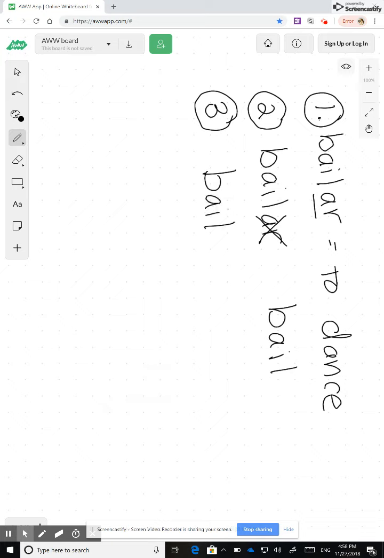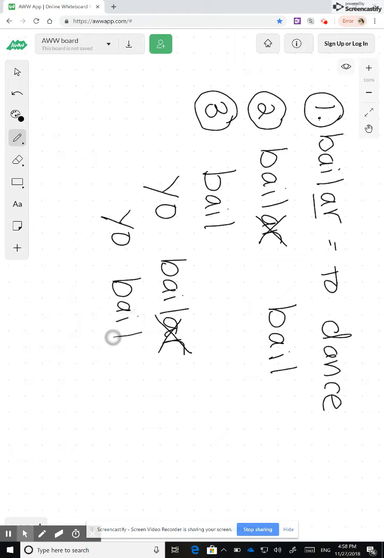And this is when we're going to add an ending depending on our subject. So if I want to say yo, and I want to use bailar, what I'm going to do is I'm going to take off the ending. So I'm left with yo, bail, and our ending for yo that we wrote down on the last screen is o. So it's yo bailo.